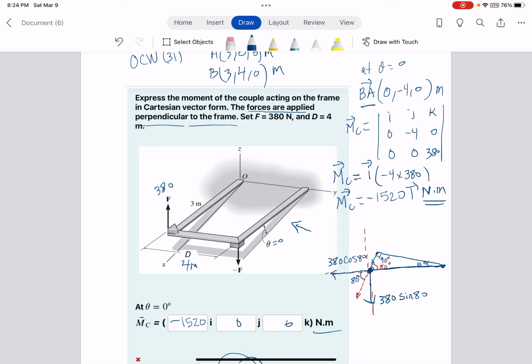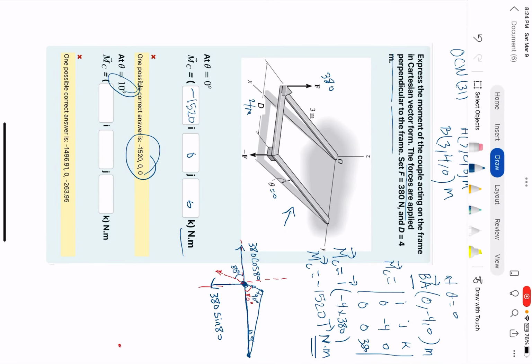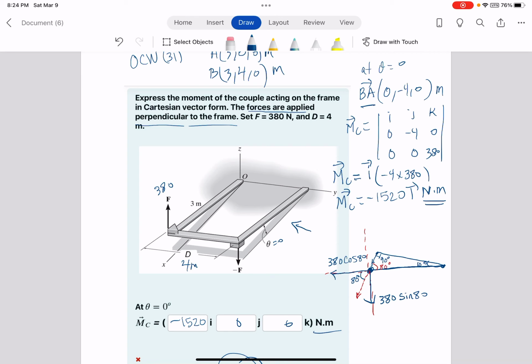Let's use our calculator. 380 times cosine 80 is 66 Newton, and 380 times sine 80 is 374 Newton.